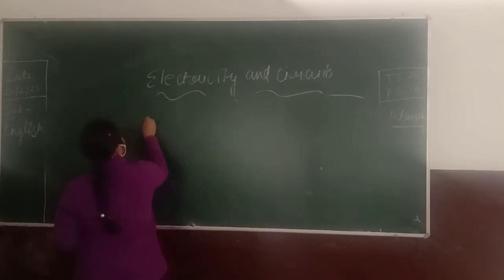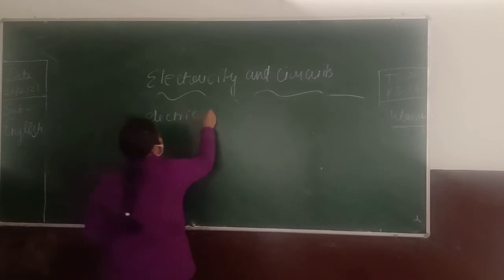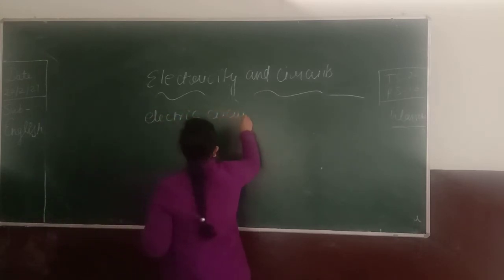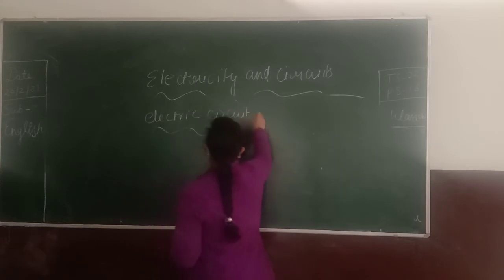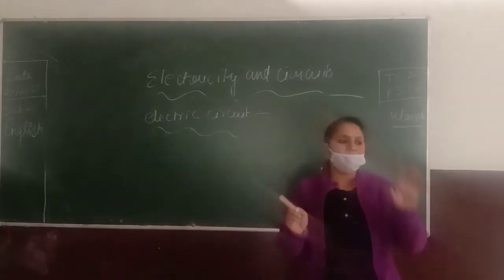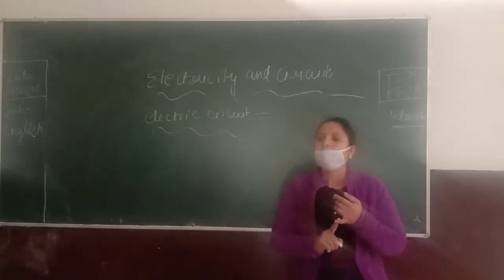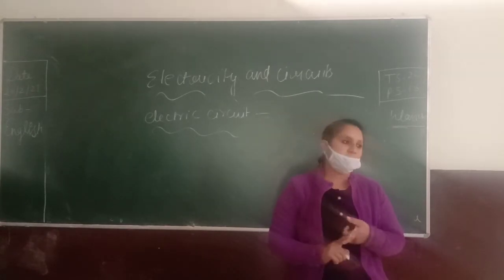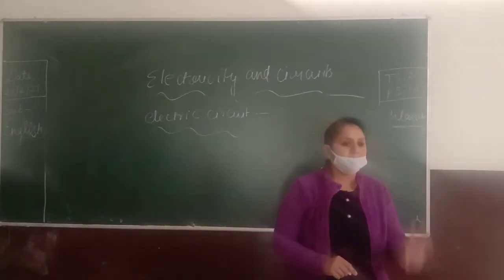Okay? Electric circuit. What is electric circuit? A path through which electric current flows is called an electric circuit.